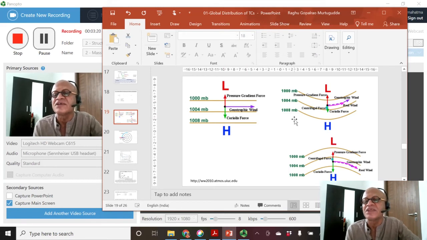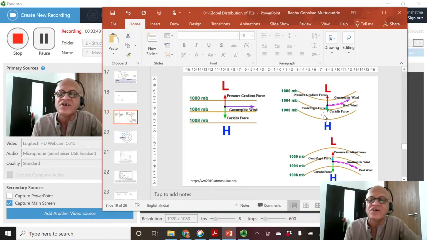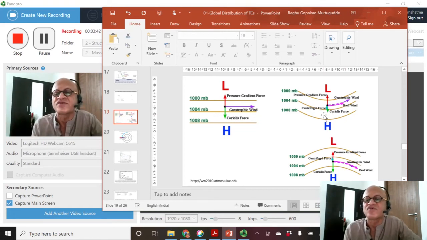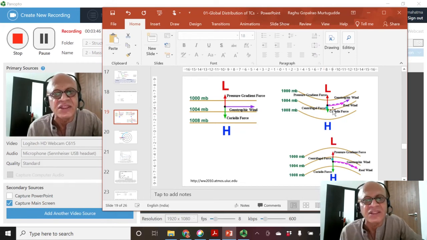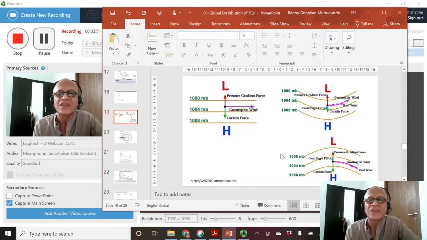Whereas in the gradient wind balance, you have flow that is along the pressure gradient that is curved this way or this way. So depending on which way the Coriolis and centrifugal forces are acting, because you are moving along a curve, you have a centrifugal force to worry about. So in this case, the real wind is weaker than the geostrophic wind, so it is sub-geostrophic gradient wind balance.